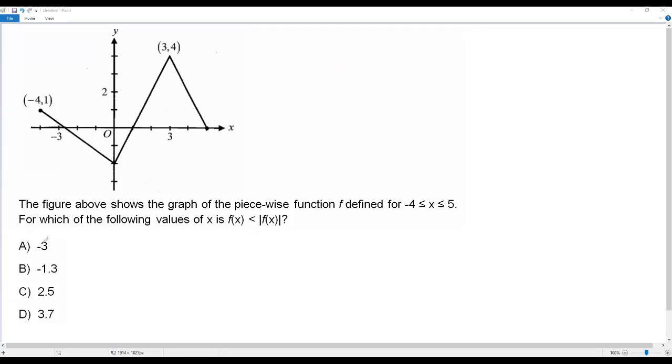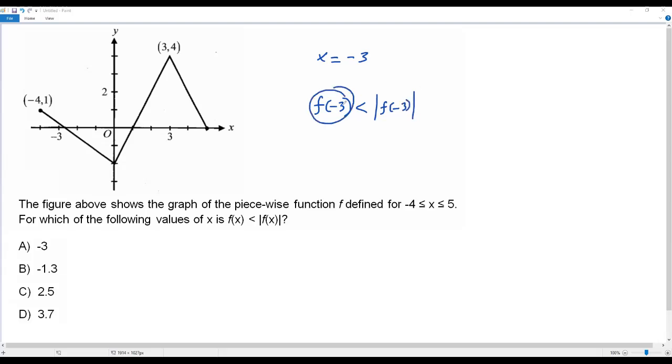Let me consider the first option A. That is, in answer choice A, we have x equals -3. Now let me plug x equals -3 into the given inequality and check whether it satisfies the inequality. Then I'm getting f of -3 less than absolute value of f of -3.